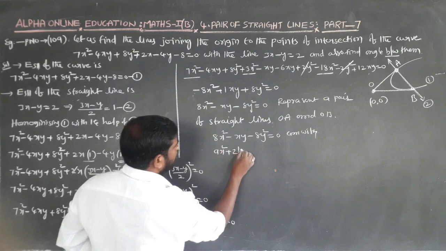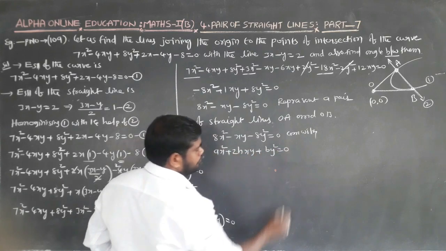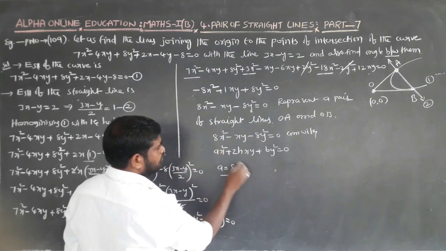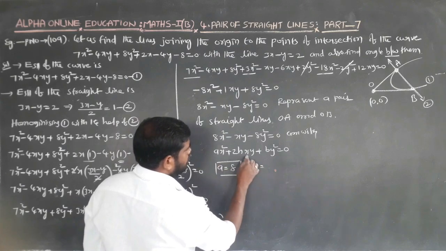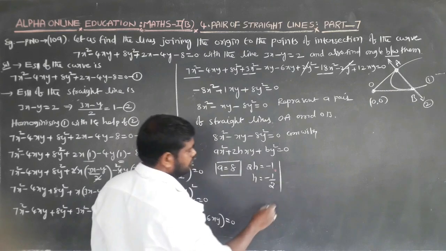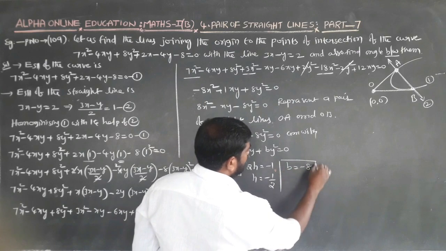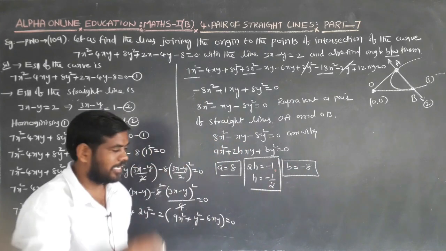Comparing with ax² + 2hxy + by² = 0: a = 8, 2h = −1, so h = −1/2, and b = −8.